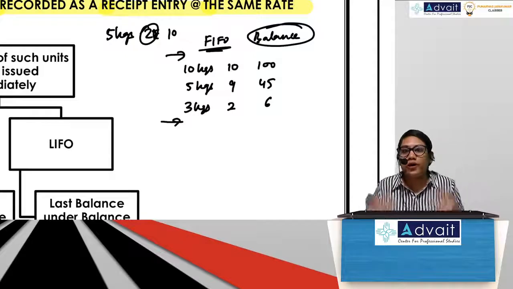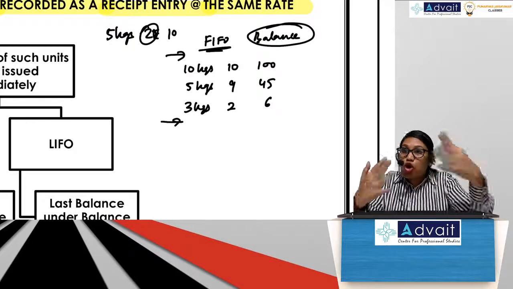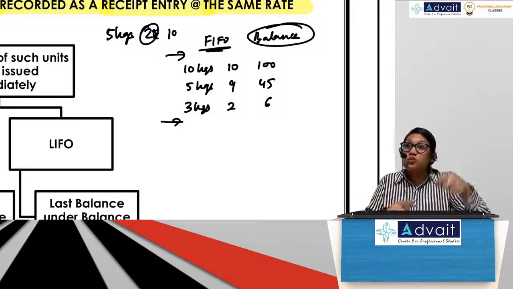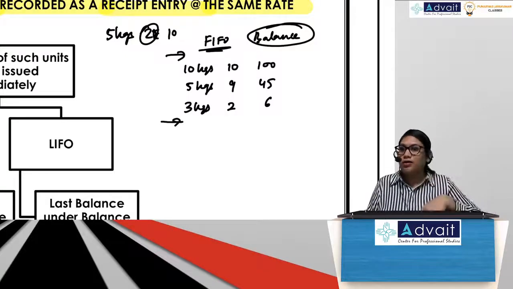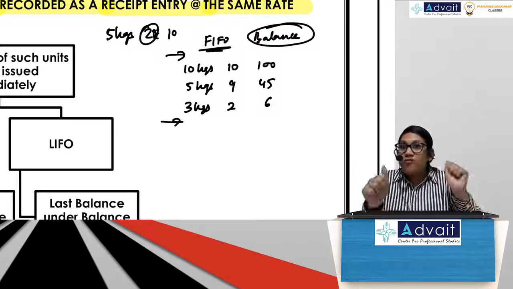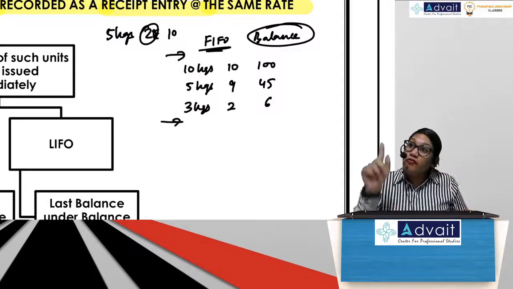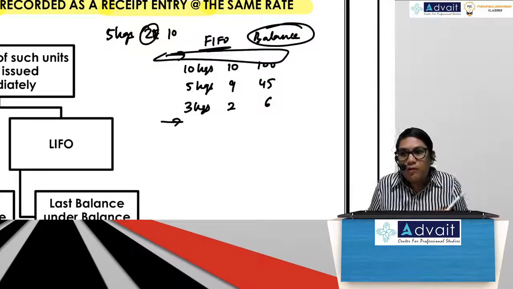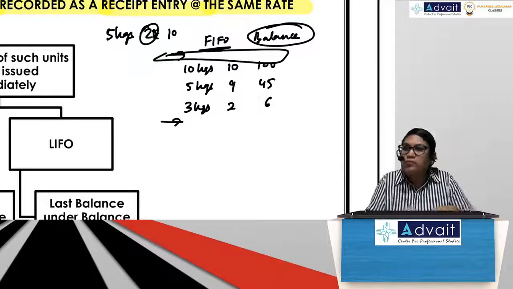Whichever method you're following, it doesn't matter. That should go first. So the next issue will be this material, because this was issued first only. It's come back, so now this should be removed from your stores. Okay. So now where will you place it in FIFO? First. You will place it here on top, because then the next issue will be made from this lot.